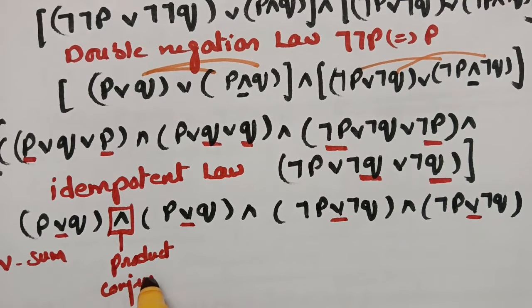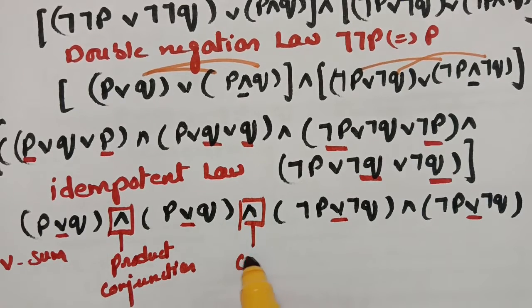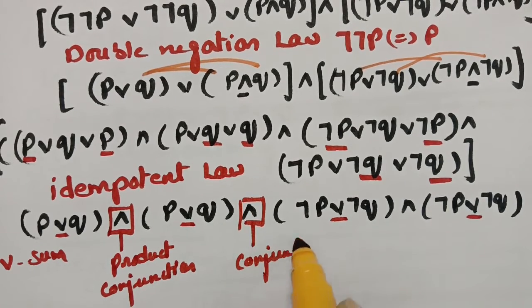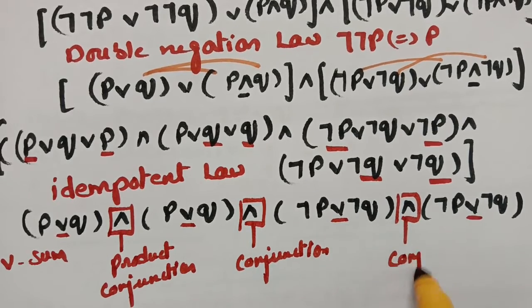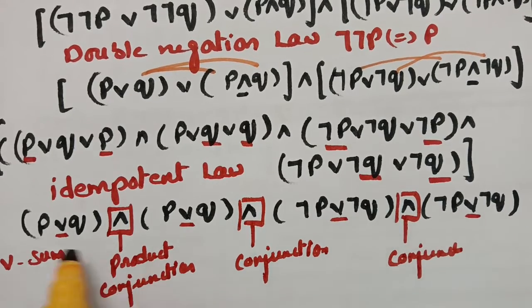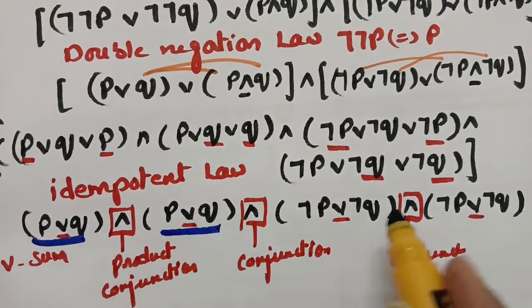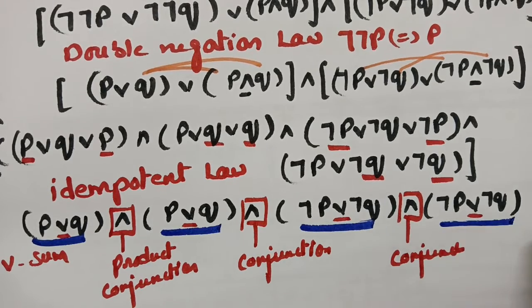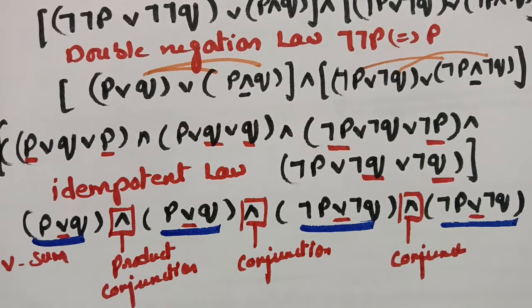This symbol is otherwise known as conjunction. So this is a conjunction, and this is a conjunction. If you observe carefully, this is an elementary sum, this is an elementary sum, this is an elementary sum, and this is an elementary sum.